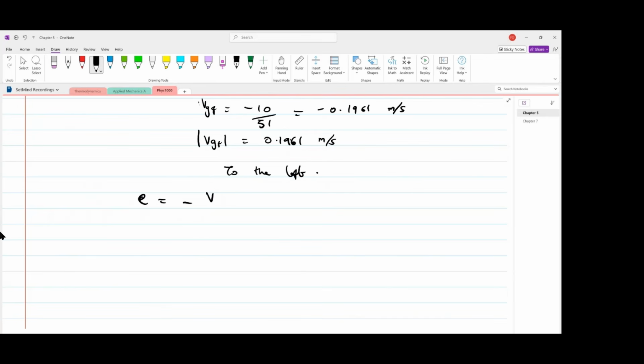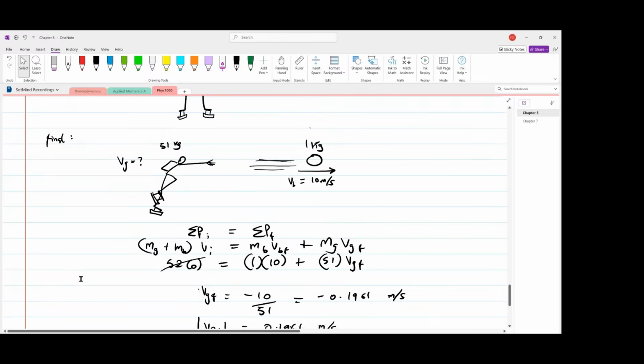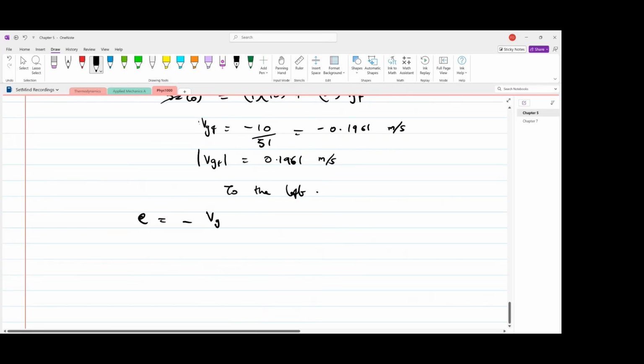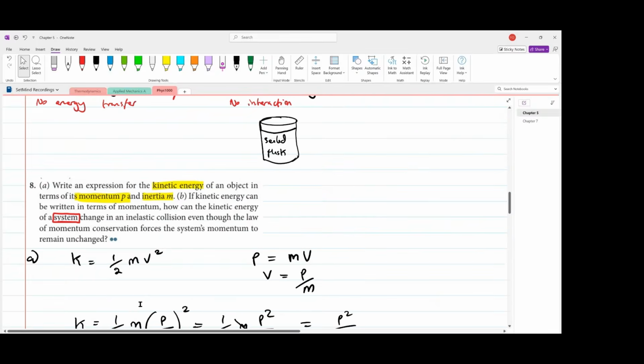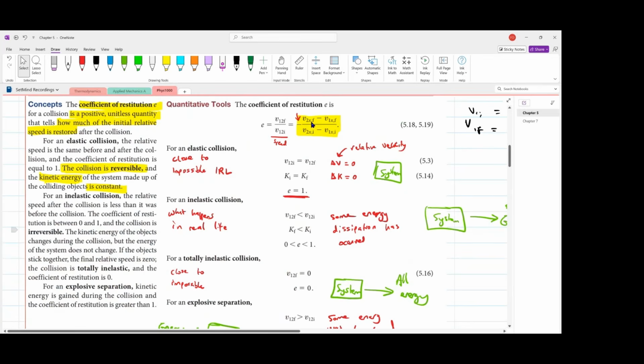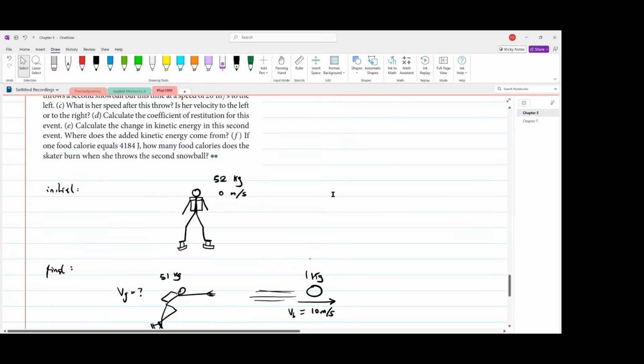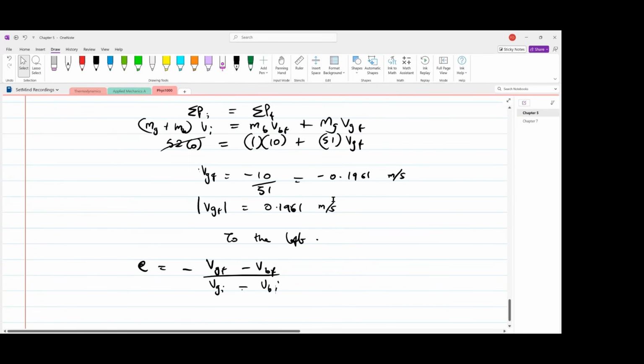In this case, we can treat 2 as our girl, so VG final minus VB final divided by VG initial minus VB initial. So what have I done? I've just replaced 2 with G and 1 with B. You could have done it the other way around. It doesn't matter as long as it is consistent at the top and at the bottom.